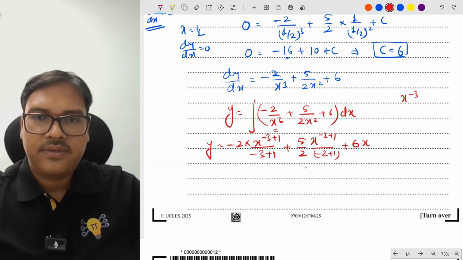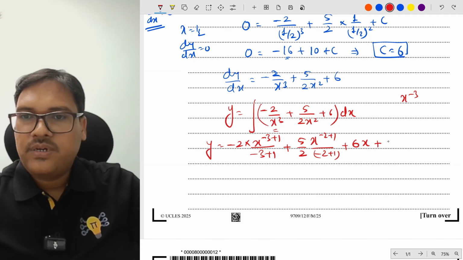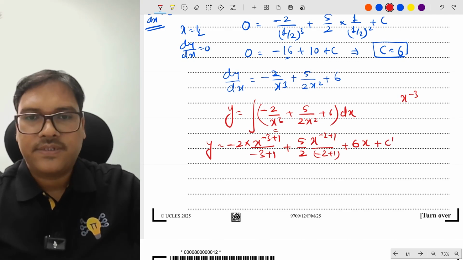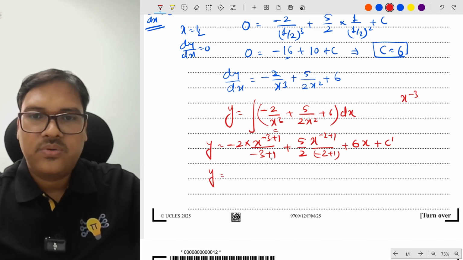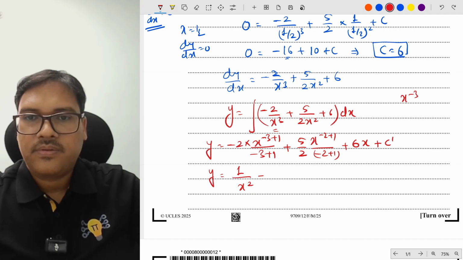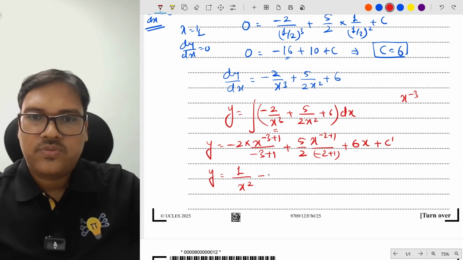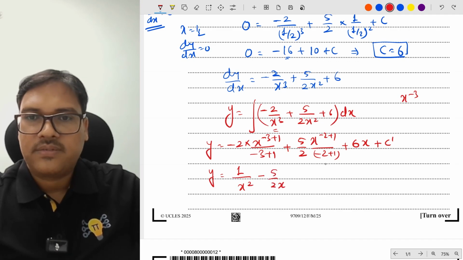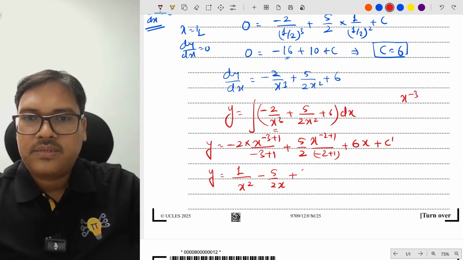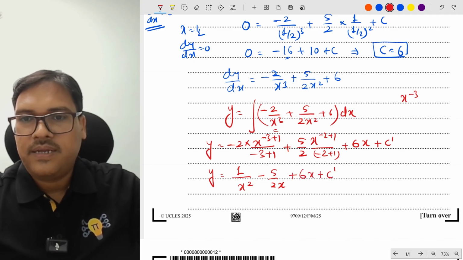The integral of 6 is 6x, and another constant of integration, c dash. So y is equal to, this negative 2 cancels, this will be 1 by x square, and this is minus 1, so this will become negative 5 by 2x, this is 1 by x, plus 6x plus c dash.